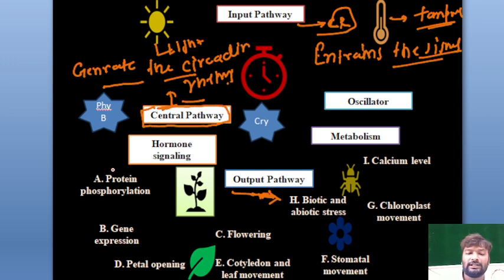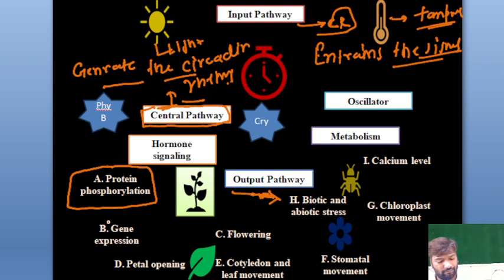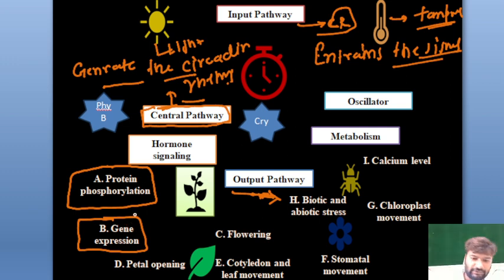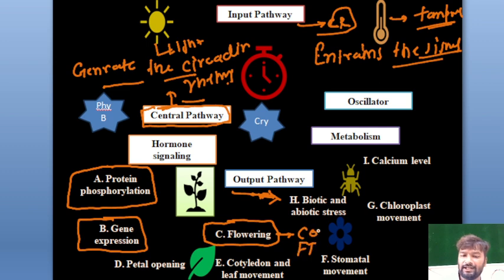So these circadian rhythms regulate different physiological processes in plants, like plant phosphorylation. Second is the gene expression of flowering and germination. Many genes are regulated. Third, it regulates the flowering process by regulating CONSTANS, FT and many other genes.